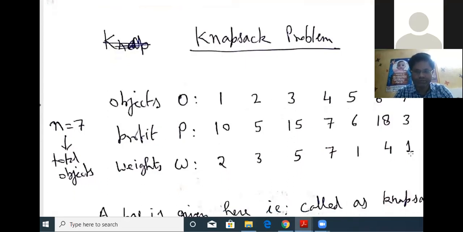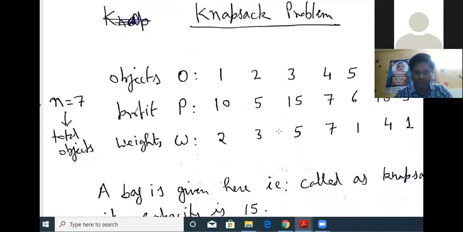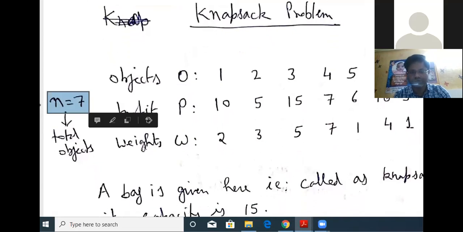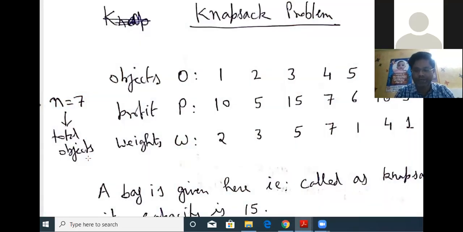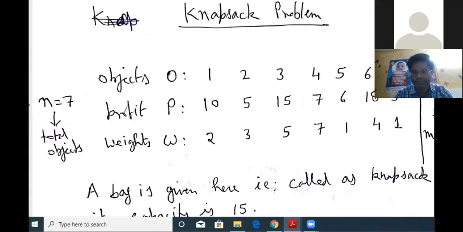So these are the initial objects, associated profits and weights that are given, and it is also given that there are a total of 7 objects. You have to solve this given problem using the knapsack approach in order to maximize the profit. So how to solve this problem? Let us see.